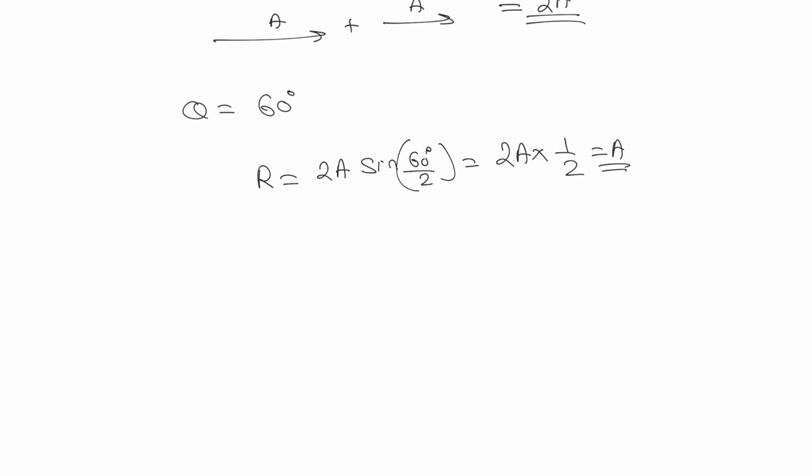That means if you subtract two vectors at an angle of 60 degrees, the resultant vector will also have the same magnitude. Just remember these two important points: if you add two vectors of the same magnitude at an angle of 120 degrees, you get the same value, and if you subtract two vectors at an angle of 60 degrees, then also we get the same value.